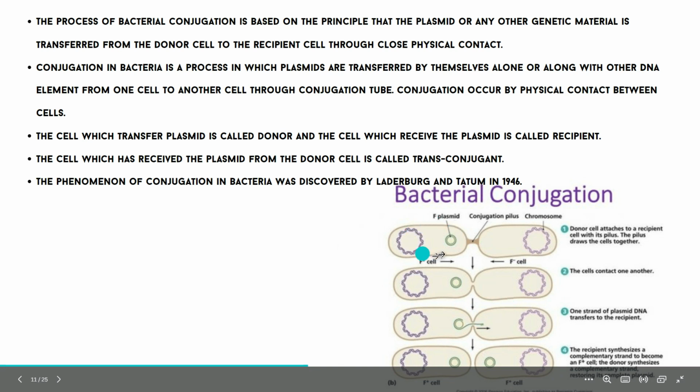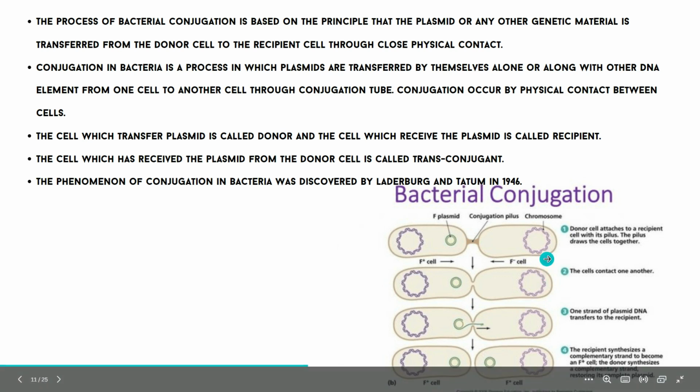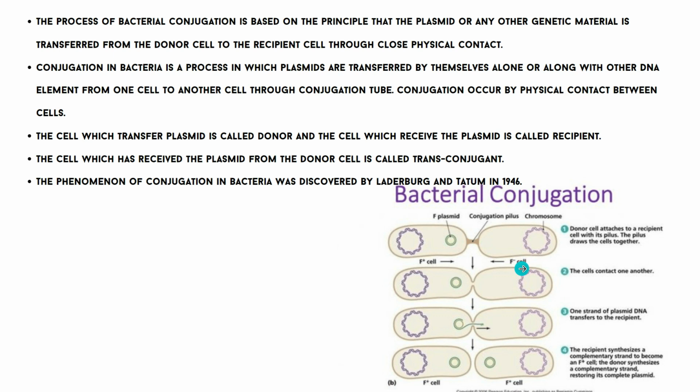The cell which is transferring the genetic material or the plasmid is designated as F plus cell or donor cell, and the cell which receives the plasmids or other genetic material is called as recipient cell or F minus cell.